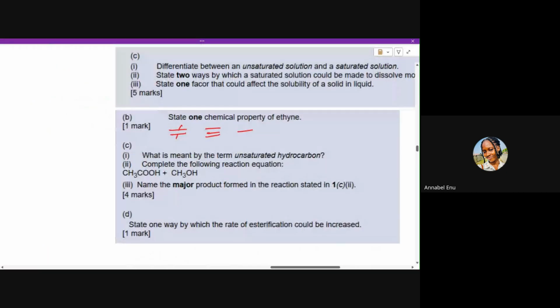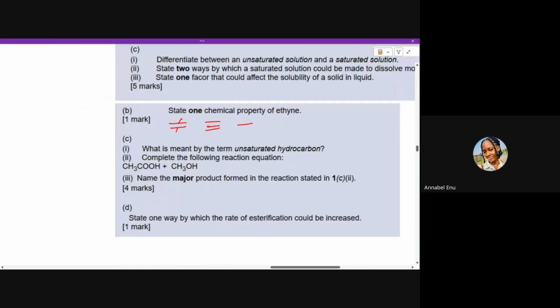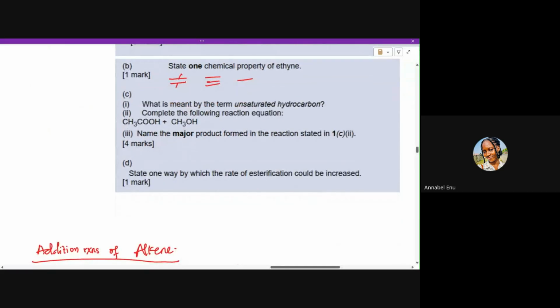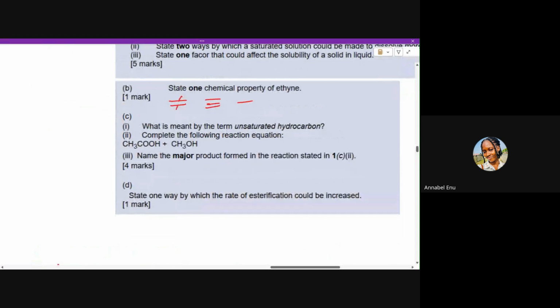We can say it carries out addition reactions to give us saturated compounds. Or we can say it reacts with bromine water to become colorless. So these are examples of possible answers we can give.